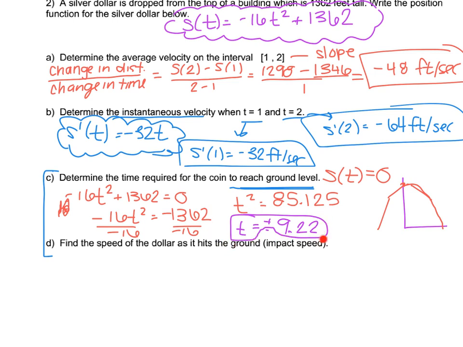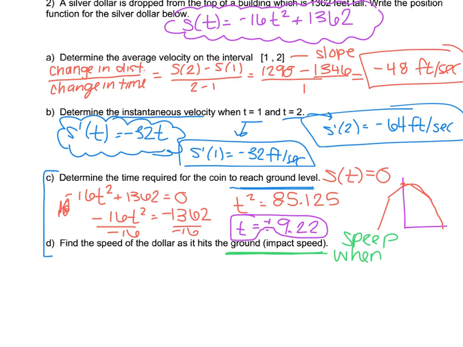You're at the top of the building, you drop the silver dollar. Shortly after 9 seconds later, it's going to hit the ground. Hopefully not a person, because now we're going to find out how fast that silver dollar is moving when it hits the ground. So anytime you're asked to find impact speed is when that height is 0.